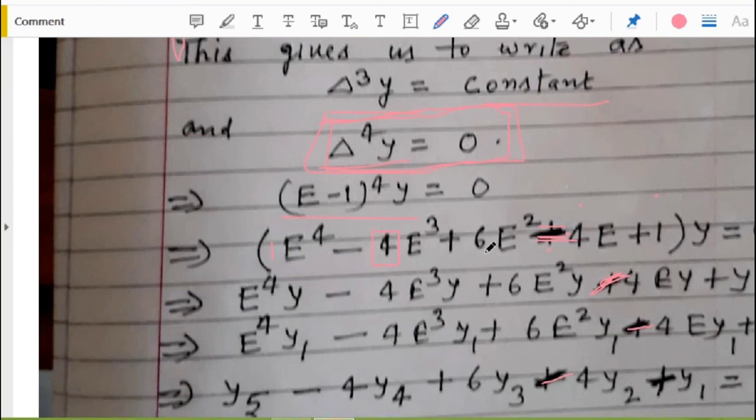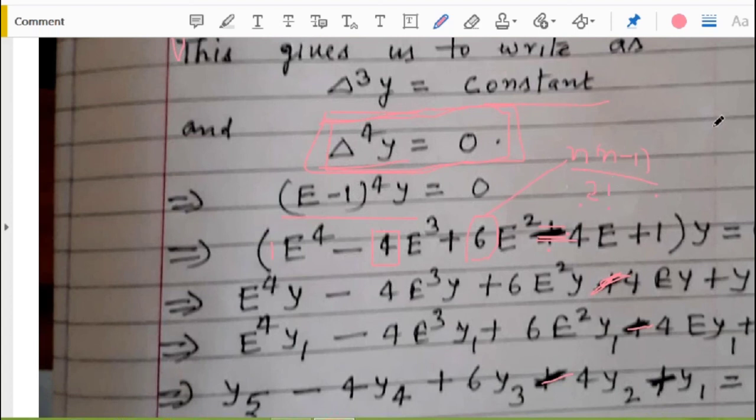And the next term, how has this 6 come? This is plus, no doubt. How has this 6 come? What was the formula, if you remember? n, n minus 1, and then here was factorial 2.